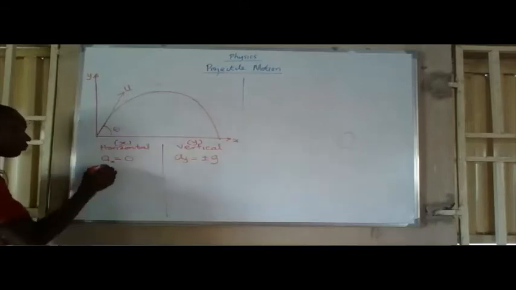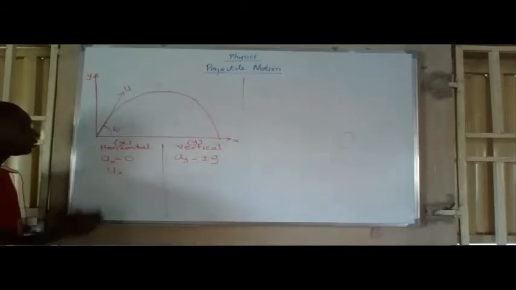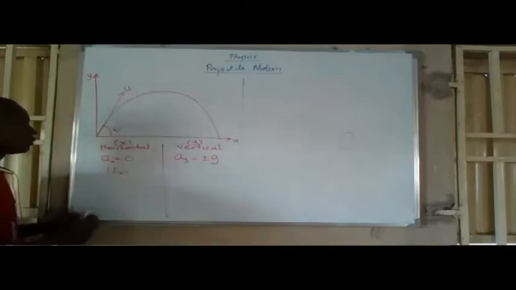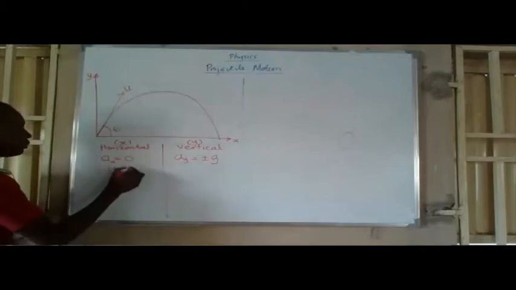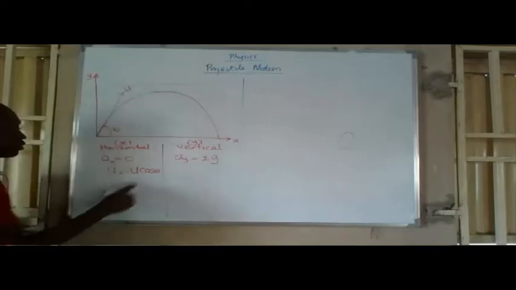Now, the horizontal velocity is simply the velocity of projection multiplied by the cosine of the angle of projection, that's u cos theta.